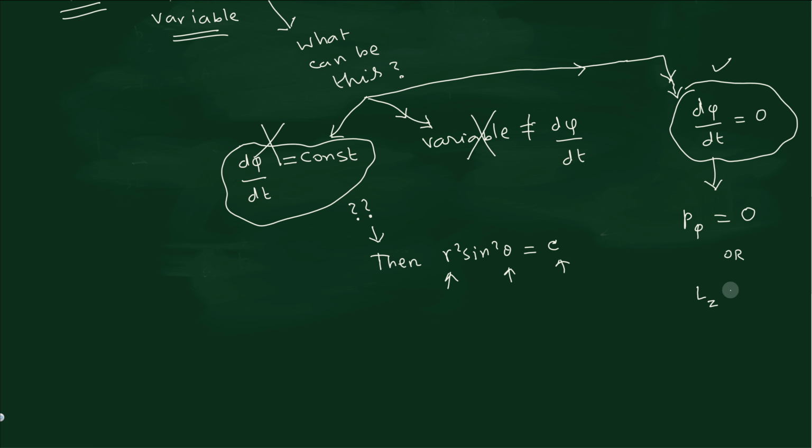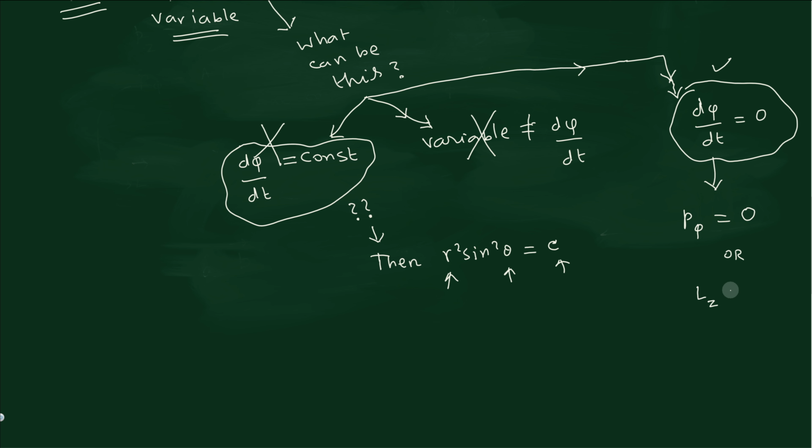So the answer is that this reduction in the degrees of freedom has come down due to this reason. If I write something like G into M1 M2 divided by R, we are talking about this kind of potential. In this kind of potential, as you see, only the scalar R is present. It doesn't have the angular dependence.